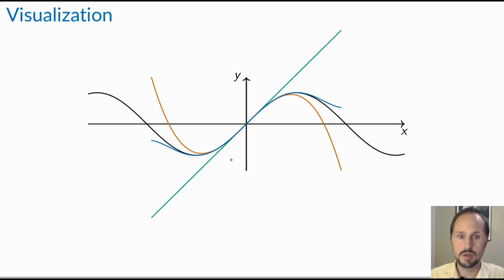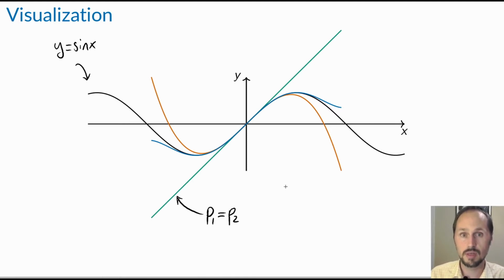Okay, so here is a little visualization of it. In black here I have y equals sine x. My green line is P1, which is also the same thing as P2, right? So that's both the first order approximation and the second order approximation to my function.